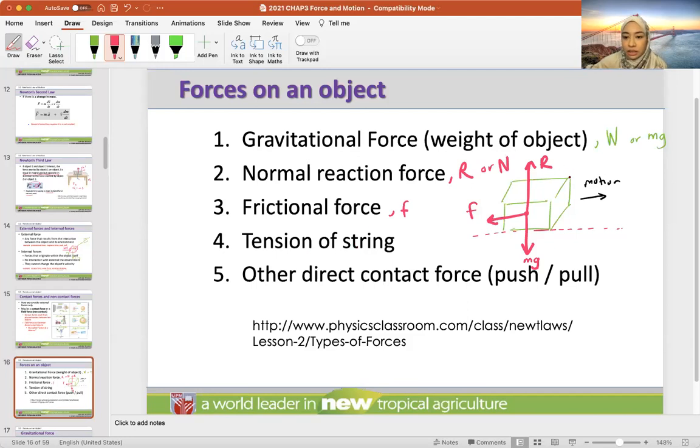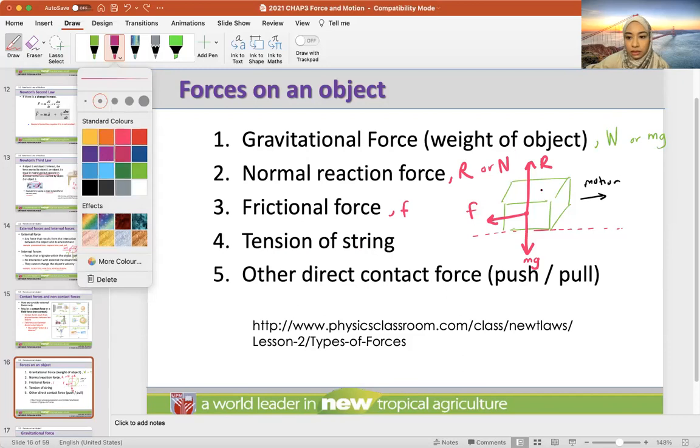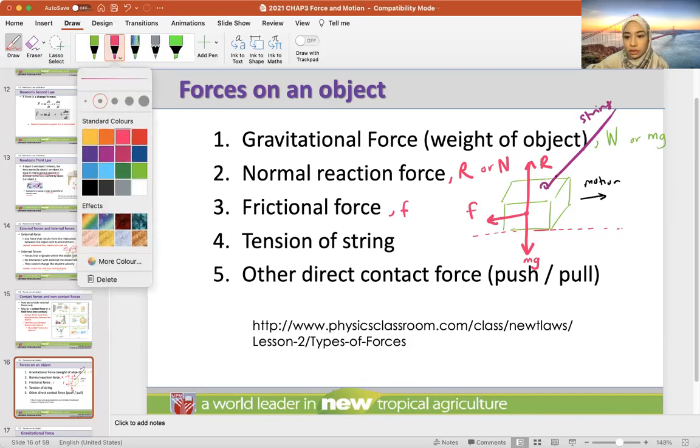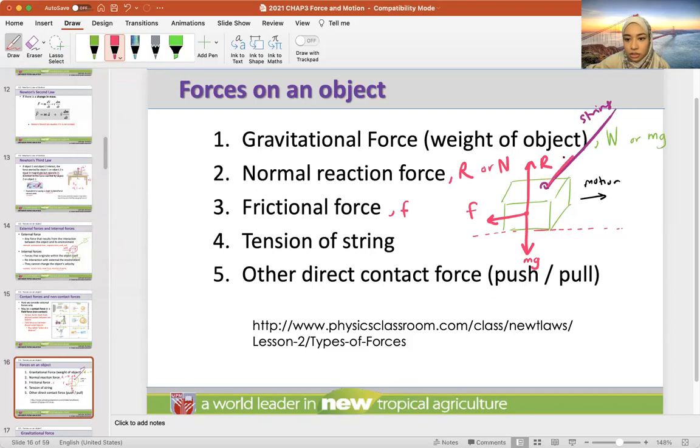And then we have tension of string. If this object is connected to a string, there is a hook here and then I put the string. This string that is connected to this object has tension. Because I want to draw a free body diagram, I will say everything originates at the center of mass. So that is my tension.